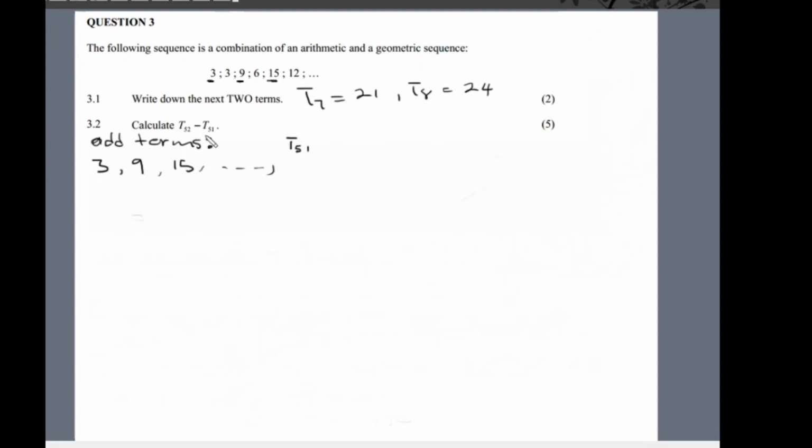T51 is a term of the arithmetic sequence in this original sequence, because the odd terms form an arithmetic sequence and the even terms form a geometric sequence. So extract the terms that form the arithmetic sequence from the original sequence.